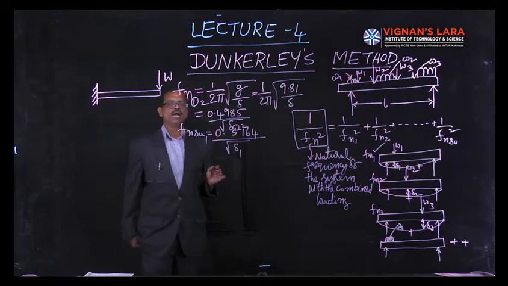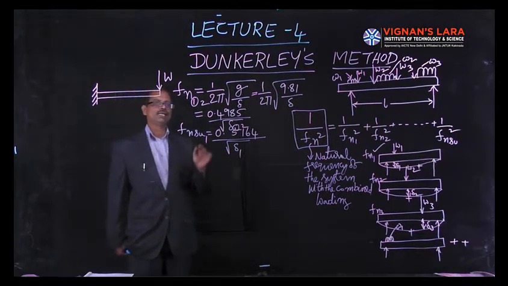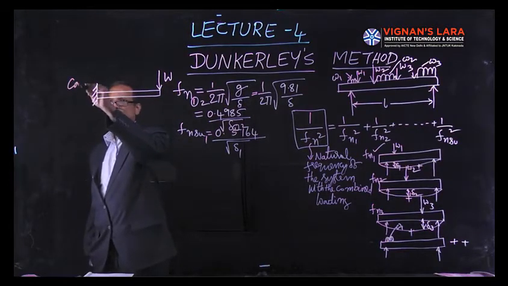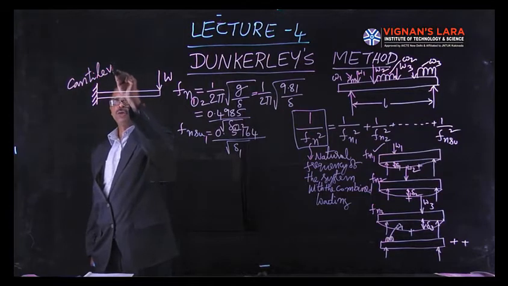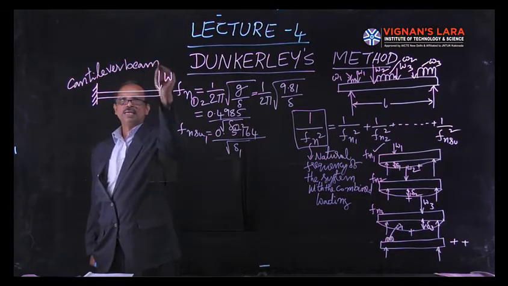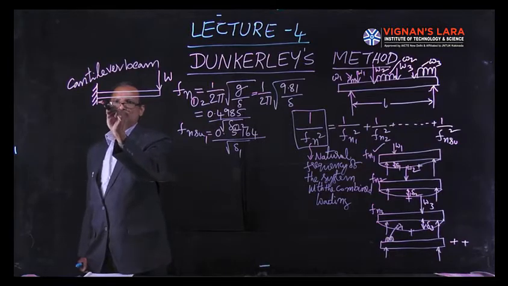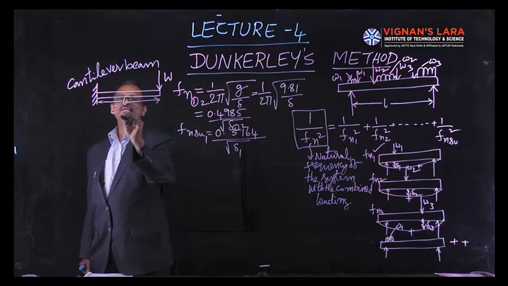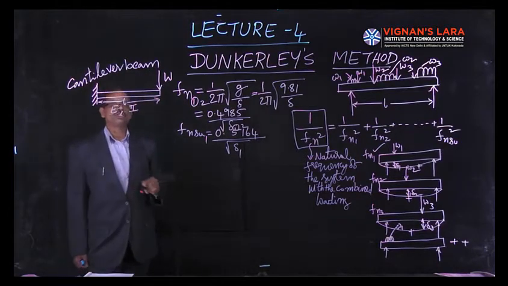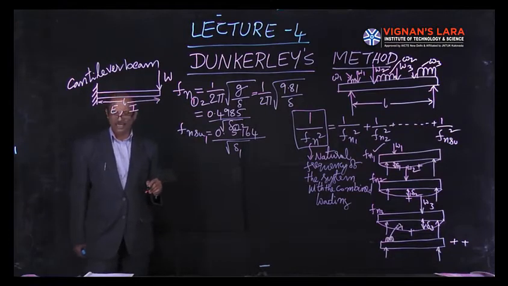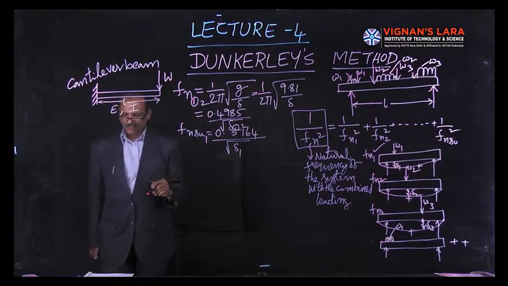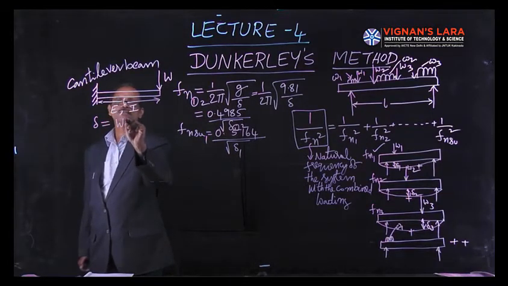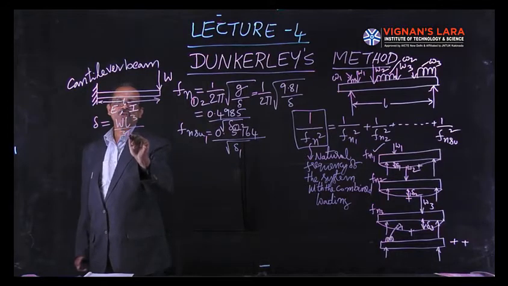So here we have different conditions for the deltas. If you take a cantilever beam with a point load W, with a length of L, with a modulus of elasticity of E and area moment of inertia of I, then the deflection equation is WL cube by 3EI.